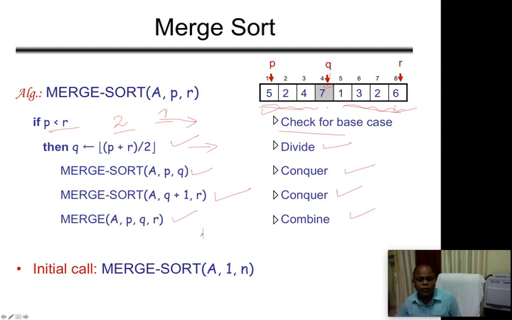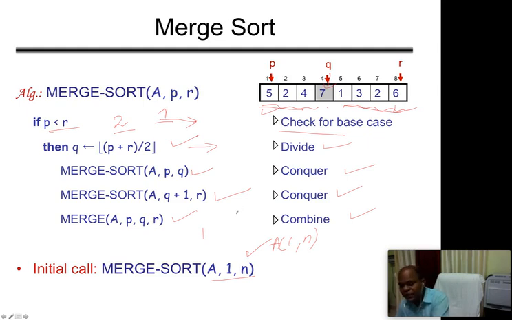Hence at the beginning we call merge sort A, 1, n, because at the beginning the array is given from 1 to n elements. Hence in this case there is an algorithm called merge.